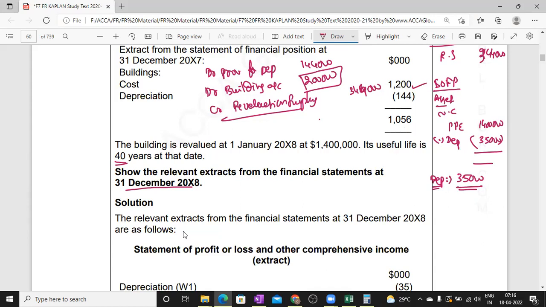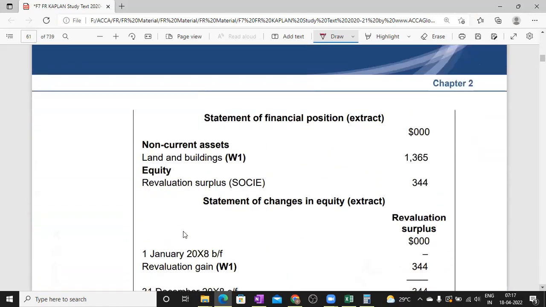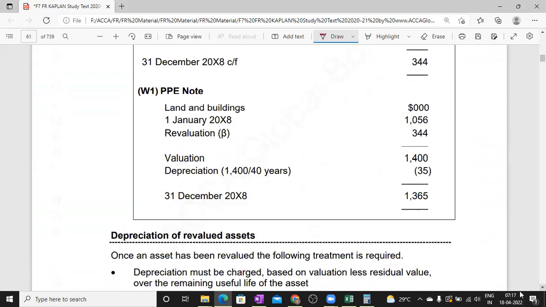Right? So that is the journal entry. So 344, same, right? After providing depreciation. So this is okay.